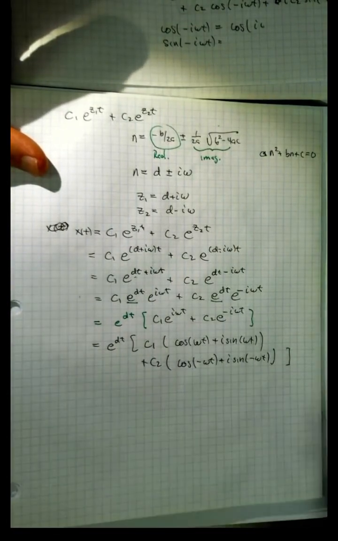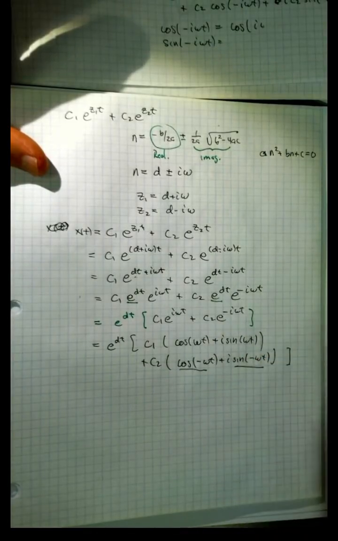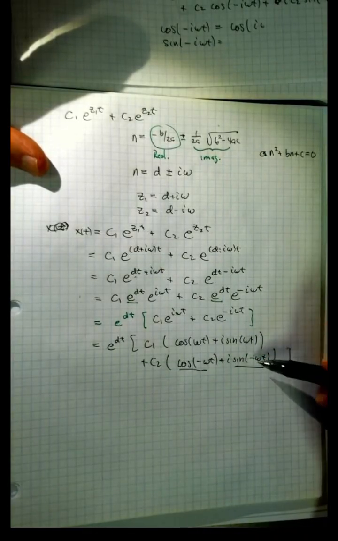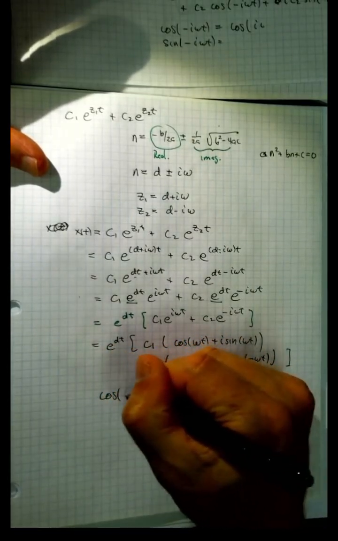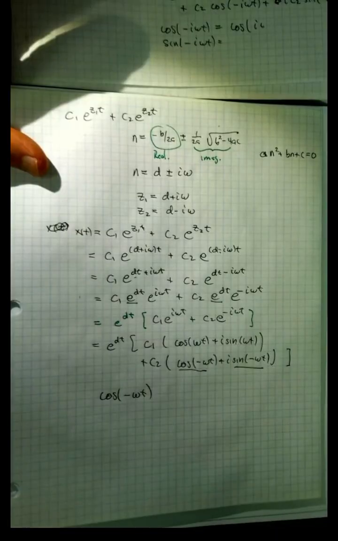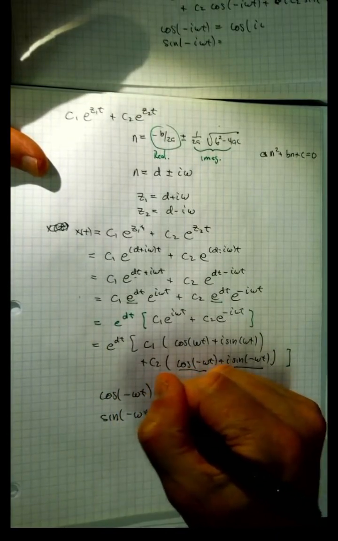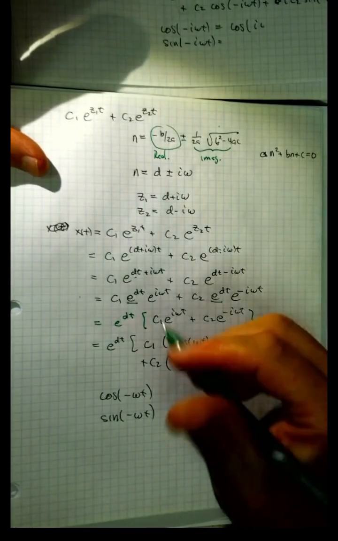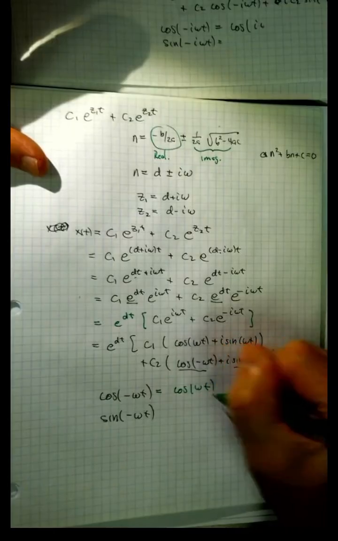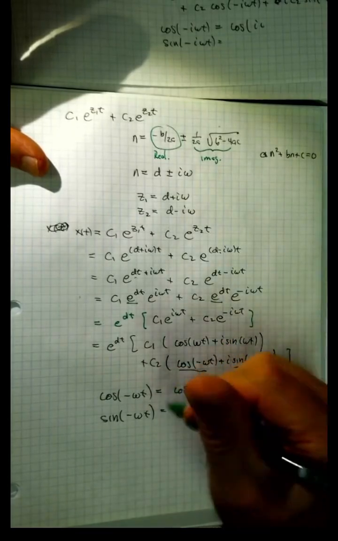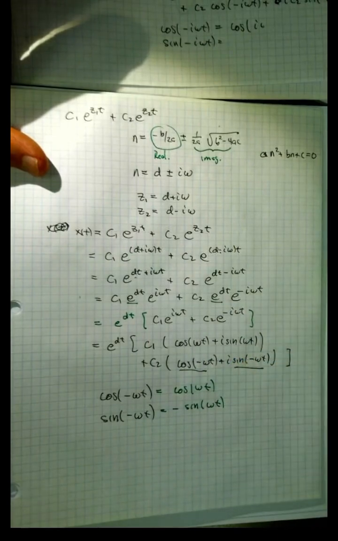I've got to figure out how to deal with these two terms, because it would be nice to write them in terms of cosine of omega t and sine of omega t so that I can collect them together. Fortunately, I know cosine is an even function and sine is an odd function. Right? That means that cosine of minus omega t is the same as cosine of omega t, and sine of minus omega t is minus sine of omega t.